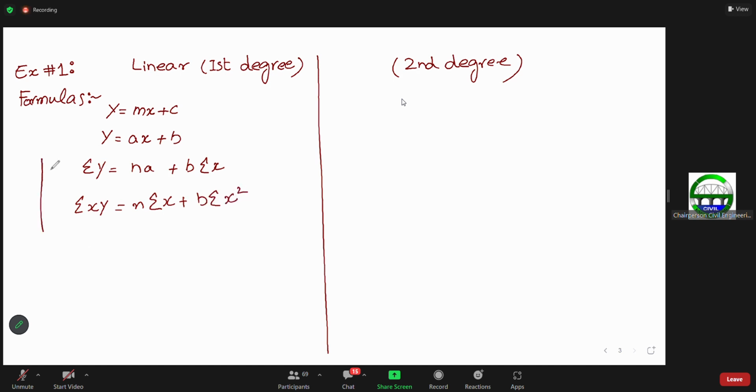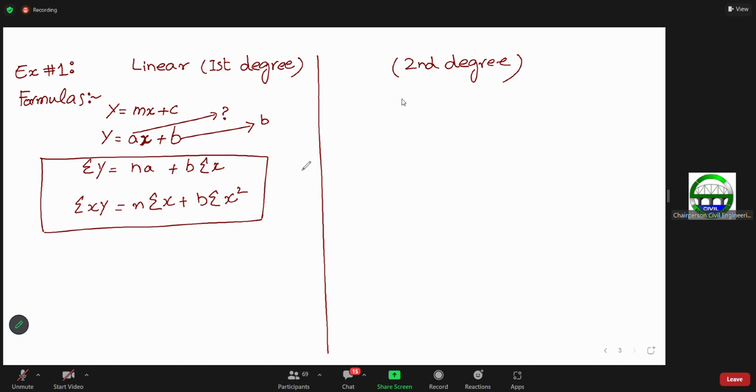So this one will be the formula to calculate a and b. Actually, the thing is we need to calculate the value of a and then the value of b. If we want to calculate two constants or two coefficients, then we need two equations. This is equation number 1. This is equation number 2.